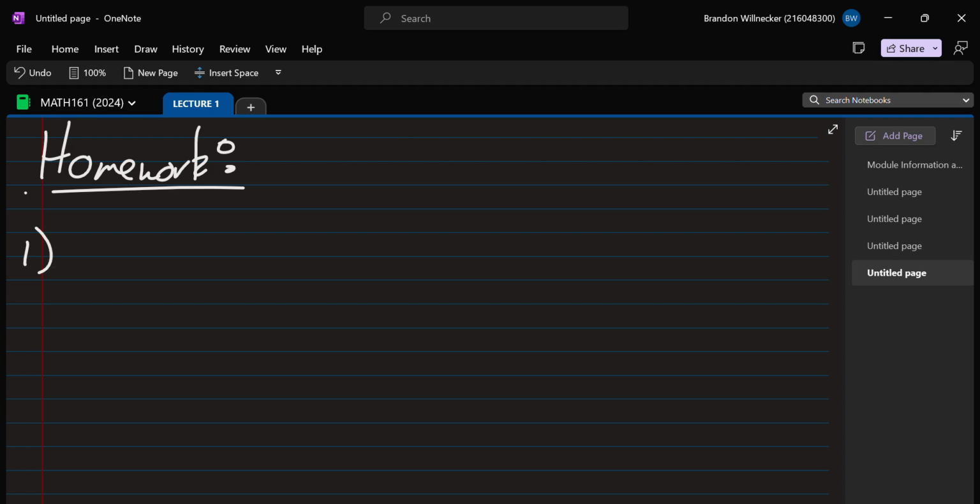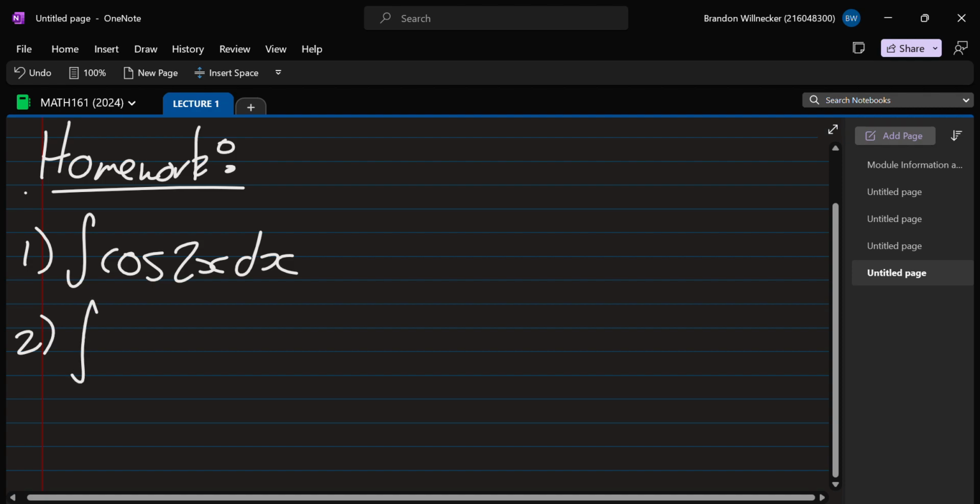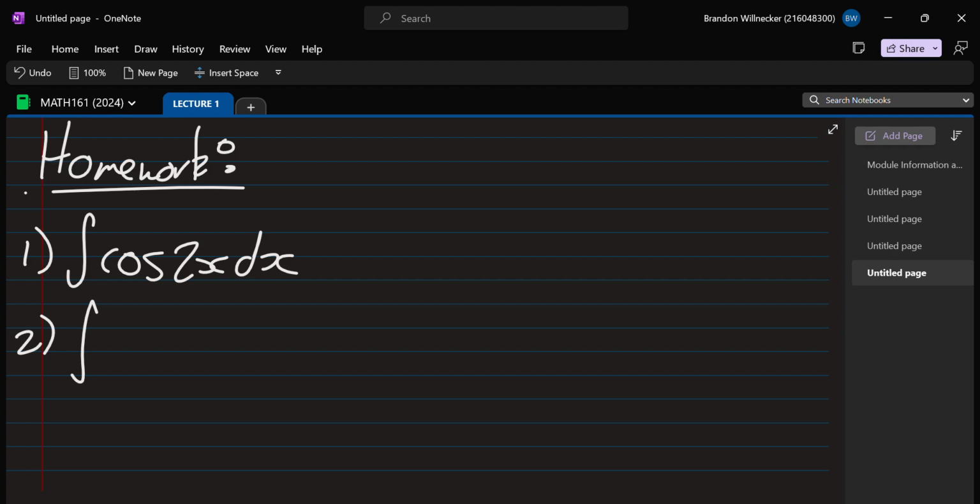Okay, so number 1, integral cos 2x dx. Okay, so we've done this one before, but that was just as a little rule that we had with the indefinite integrals. Now I want you to try it again using u-substitution. Okay, next, integral x squared root of 1 plus x cubed.